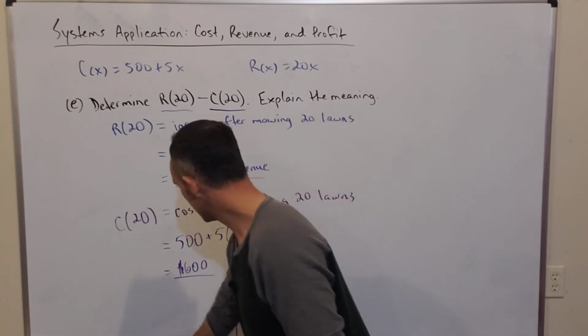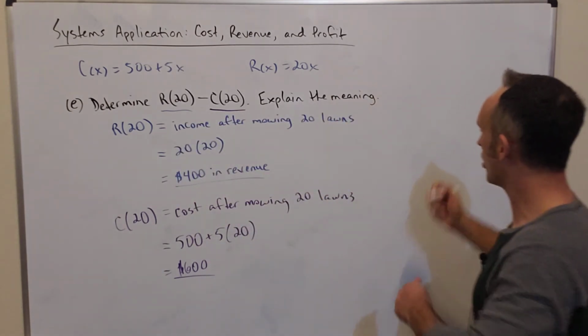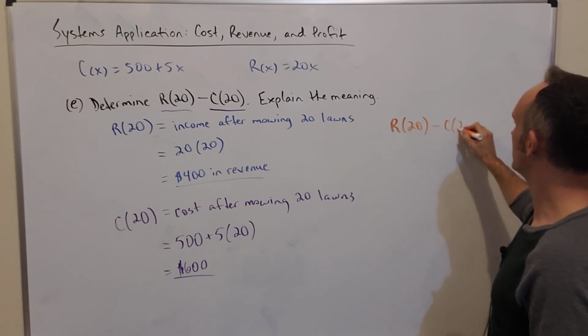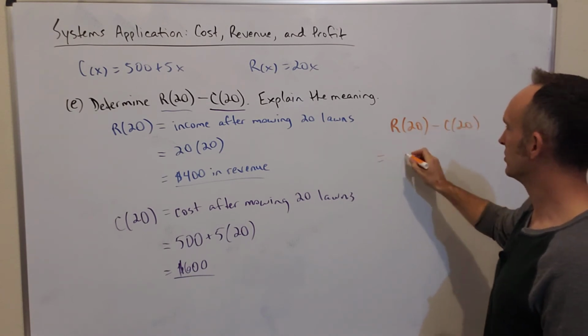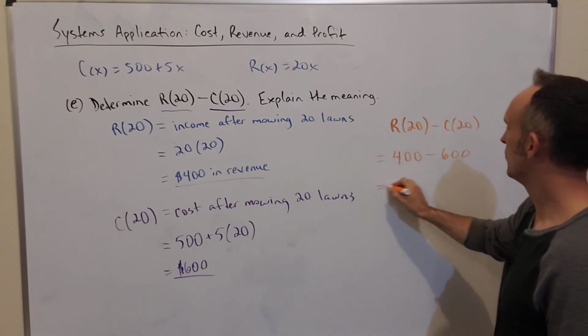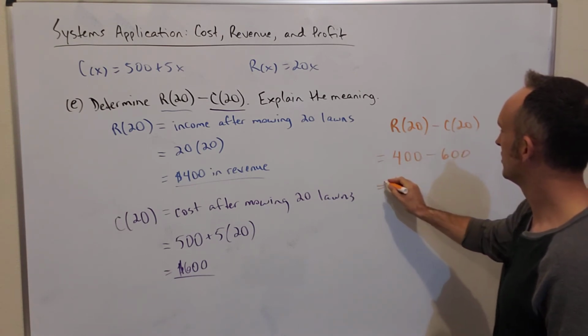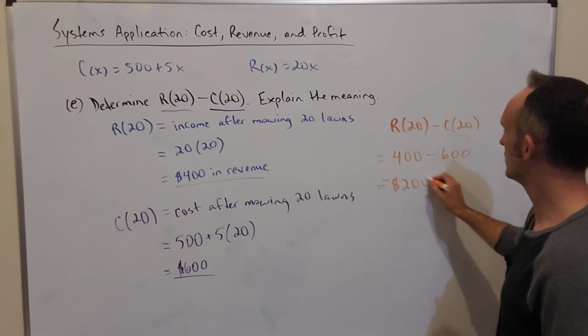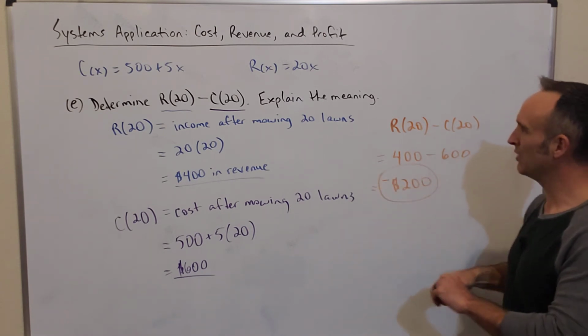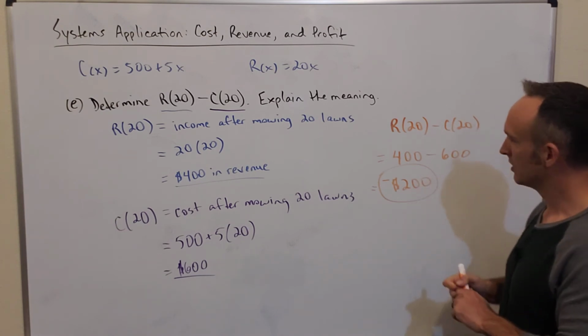So now let's answer the question. R of 20 minus C of 20 equals 400 minus 600, which is negative $200. Okay? And what is its meaning?